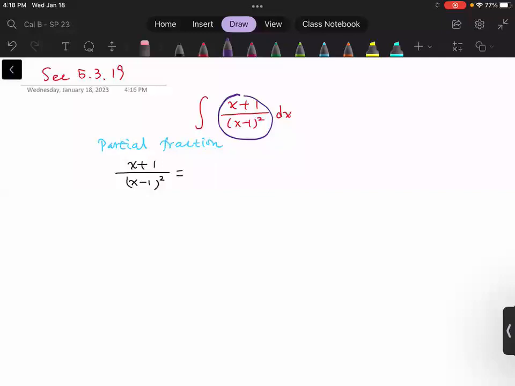Now we may think to decompose this term as something over x minus 1 plus something over x minus 1. However, this does not make too much sense, because if we already have the same denominator, then the right-hand side denominator is at most degree 1.